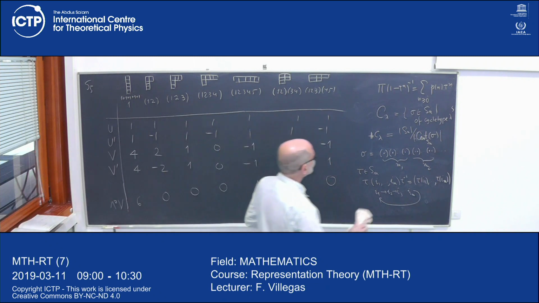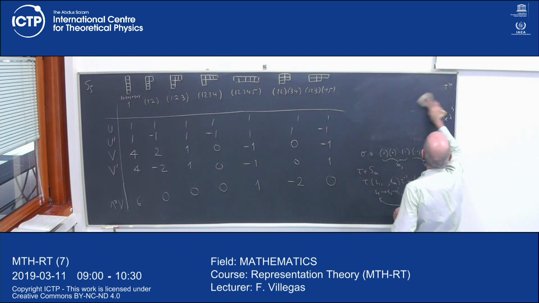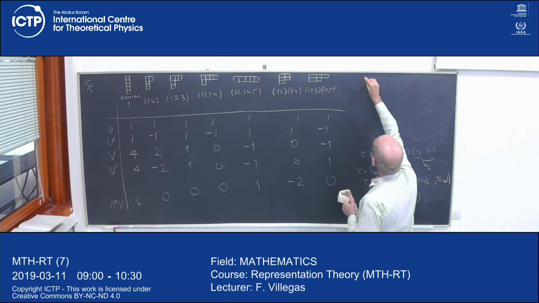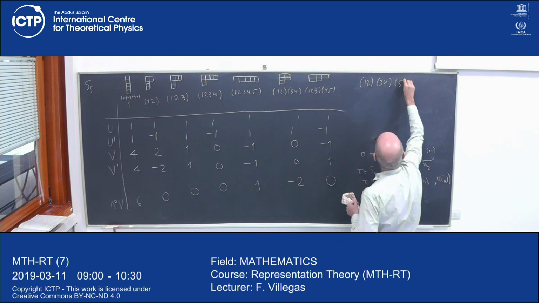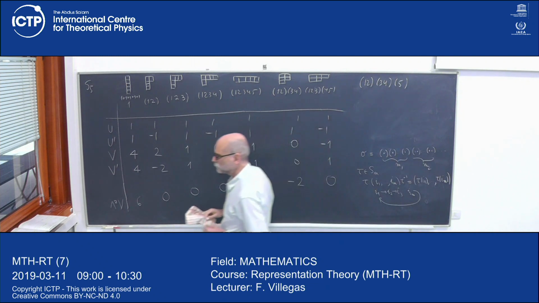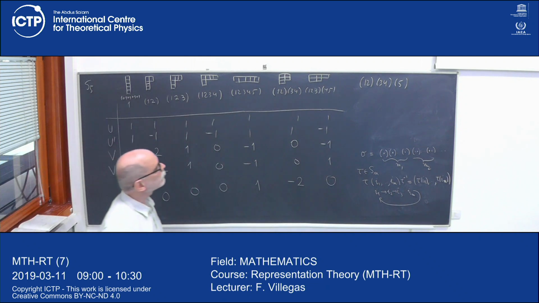So let's do an example, maybe. For example, this cycle (1 2 3 4), and I'll now write the 5, just to emphasize that this is what we have.